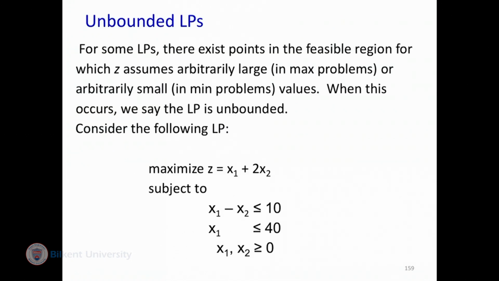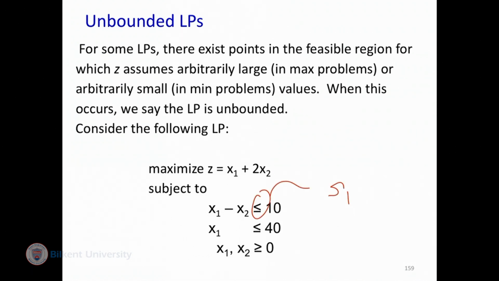Let's look at this example. If you draw the feasible region, you will see directly that it is going to lead you to an unbounded solution. So in order to apply the simplex method, what do I have to do? I have to translate this to the standard form by adding slack variables.